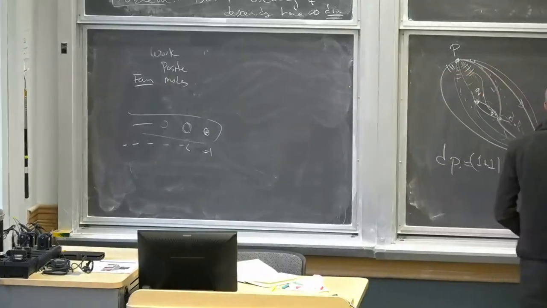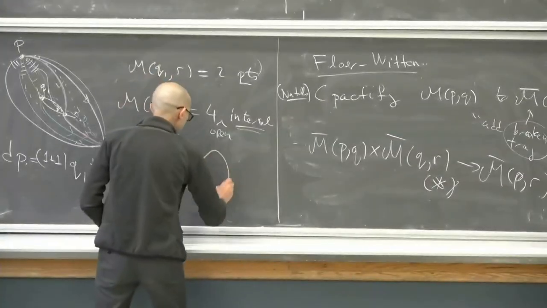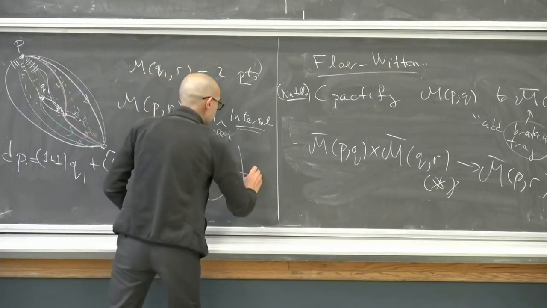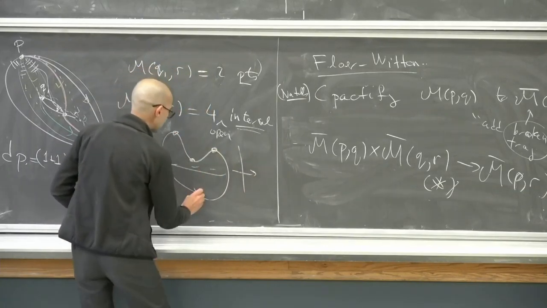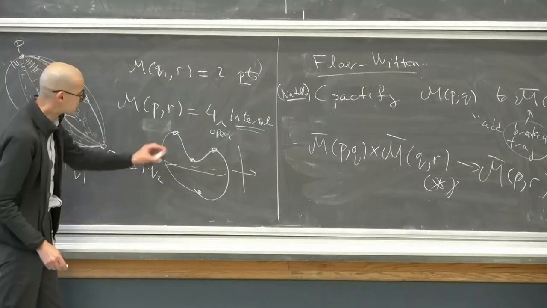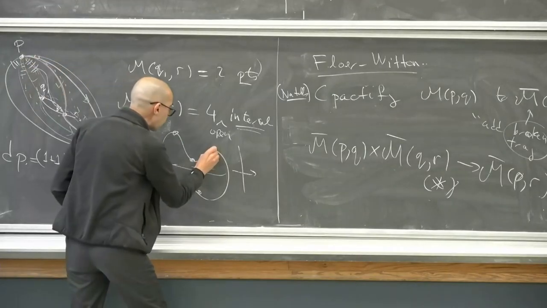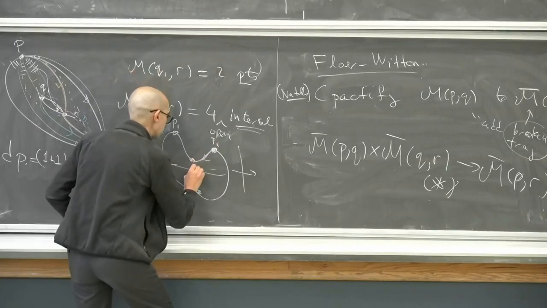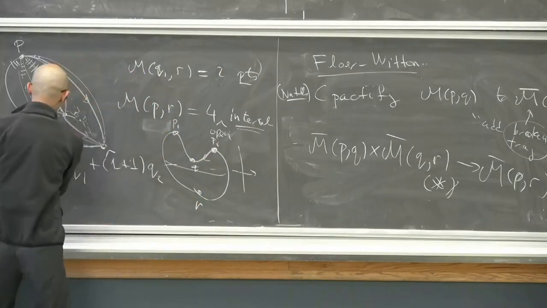Let me just quickly do a faster example. This is a Morse function on S2. It has 2 maxima, 1 minimum, and 1 saddle point. Let's call the maxima P1 and P2, the saddle point Q, and the minimum R. This is more interesting.